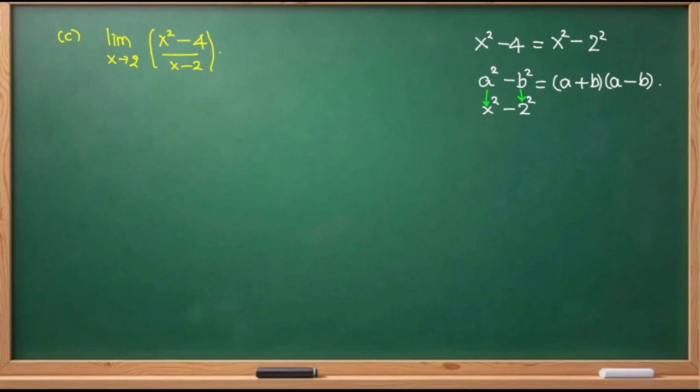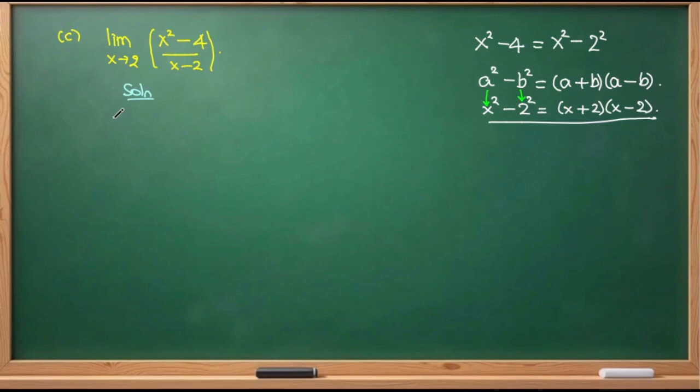Now if that is the case, we can substitute. Instead of a, we put x, plus instead of b, we put 2, then we multiply by x minus 2. That is how we expanded x squared minus 4. The reason why we have done that is that we have 2 and we have negative 2, meaning if we place 2 directly, we shall get 0 here, which is not allowed. So let's move on and get our solution done.